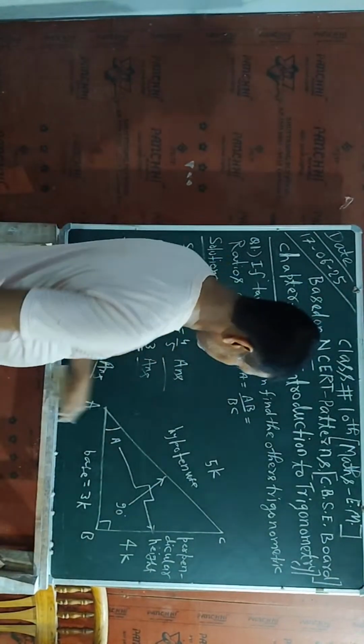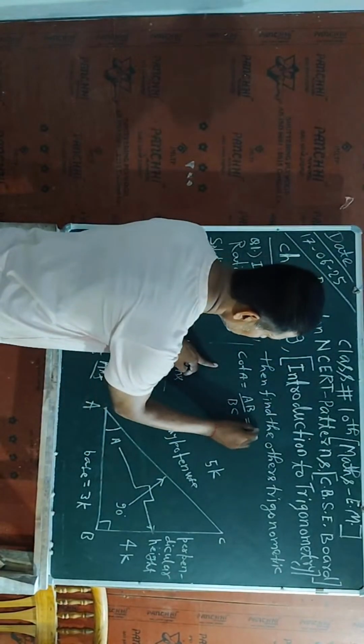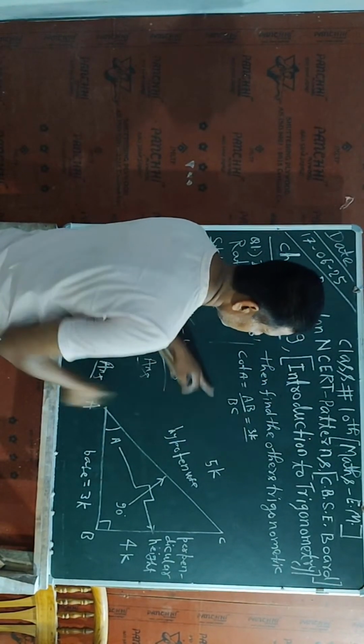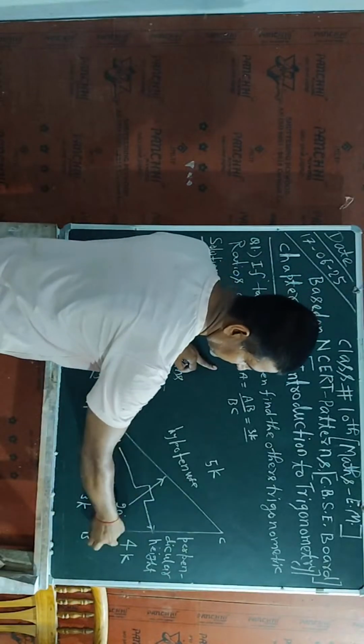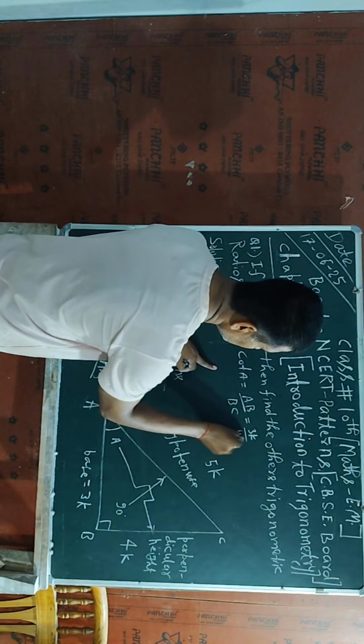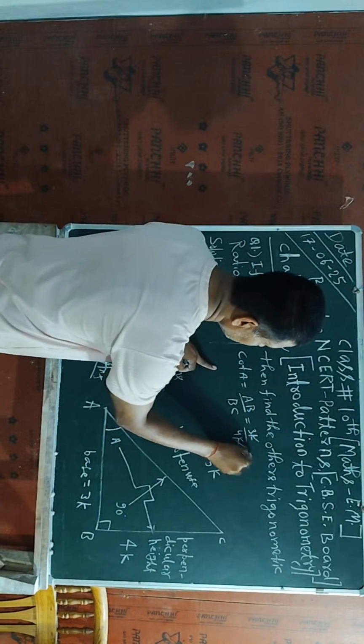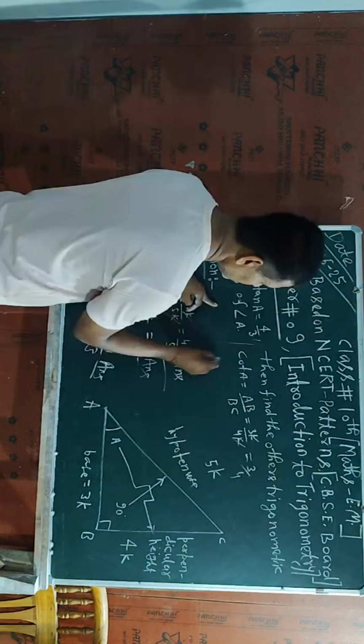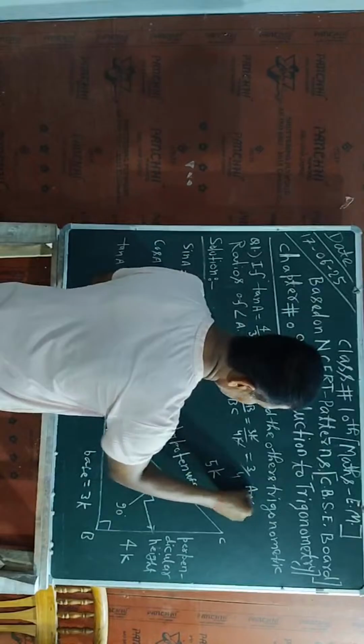The length of AB is 3K divided by the length of BC, which is given here as 4K. Then K will be cancelled out. So this is also an answer of the trigonometric ratio.